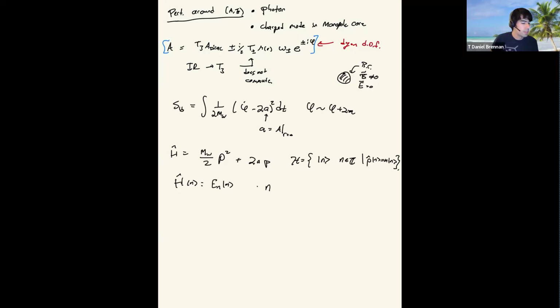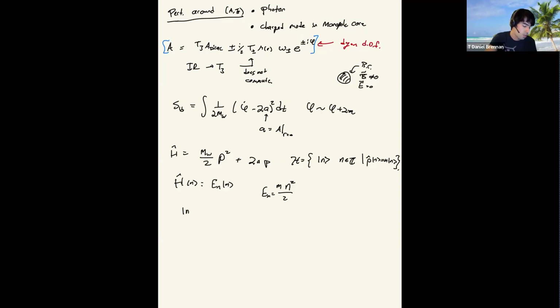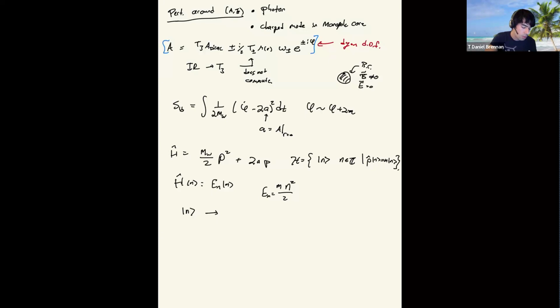I apologize for my iPad. But what will become important about this system is that we can explicitly see, from the coupling of the gauge field to the momentum operator in the Hamiltonian, that the state n sources a bulk electric charge, which is 2 times n.